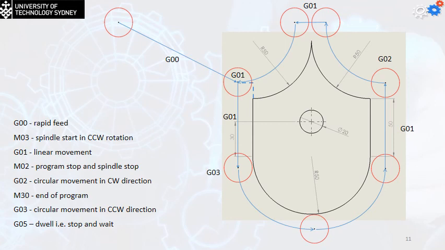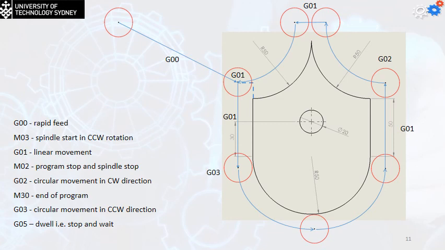Now, in this case, maybe this drawing is not accurate because actually the two circles should be in contact. But anyway, the X value in this case is going to be equal to 45. So you have to write down G01 because we're changing from G02: G01, X is equal to 45.